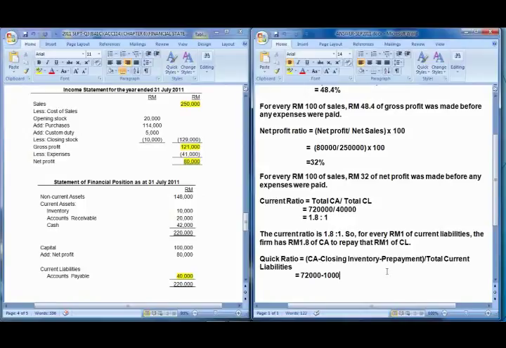Then we don't have any prepayment, so we just divide by total current liability, which is 40,000. Okay, Saida, can you give me the answer? The answer is 1.55 to 1. Therefore, the quick ratio is 1.55 to 1.